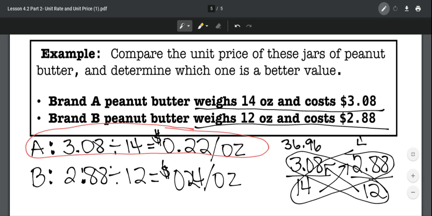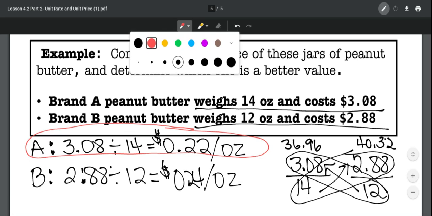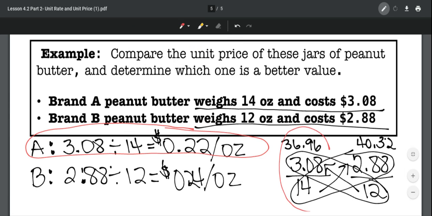And going in the other direction, it would give us 40.32, making this ratio smaller. Therefore, this ratio or this unit price is cheaper.